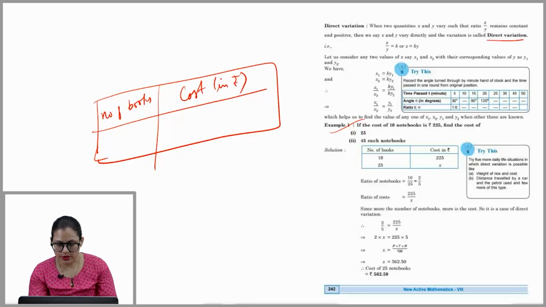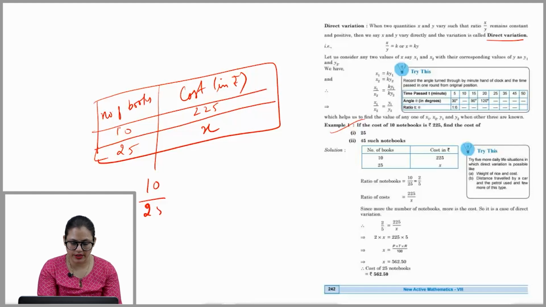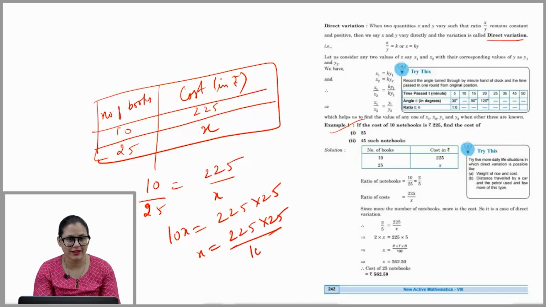See, the cost of 10 notebooks is 225, and we have to find the cost of 25 such notebooks. So what will be the ratio of notebooks? 10 by 25 is equal to 225 by x. Okay, and 10x is equal to 225 into 25 and x is equal to 225 into 25 upon 10.